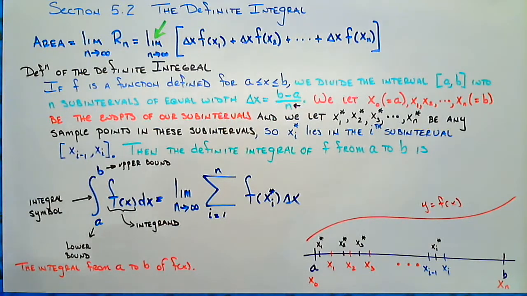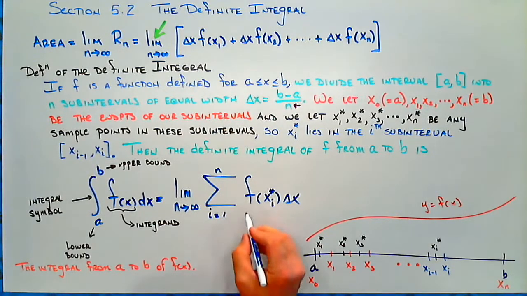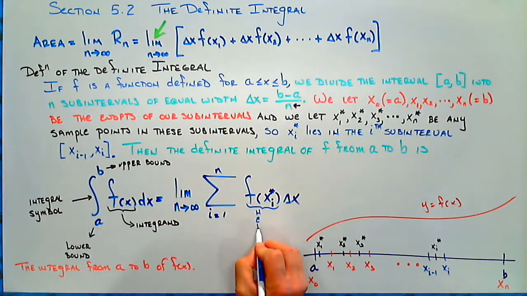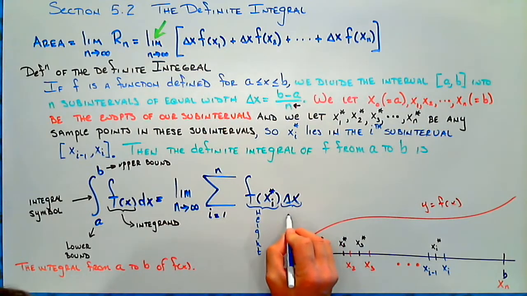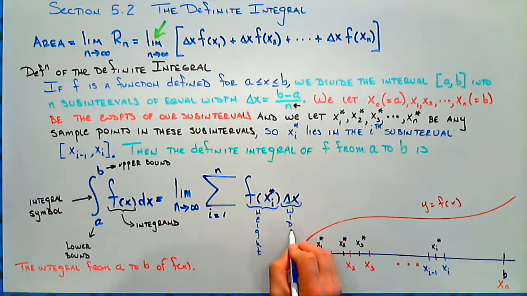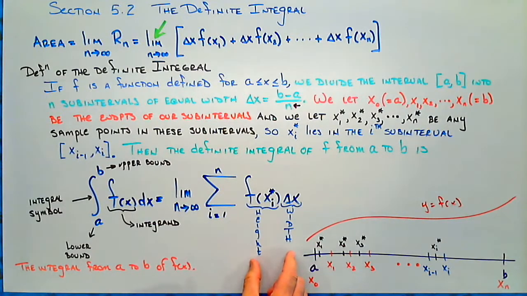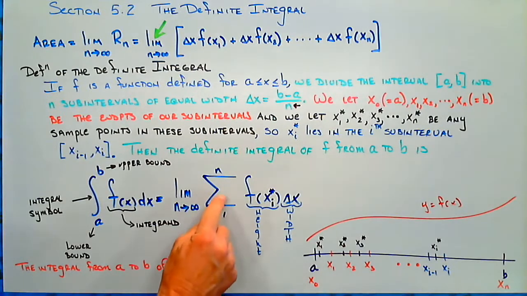Now, again, let's make sure we haven't lost the forest for the trees here. But let's remember, this is our height, and this is our width. And all we're saying here is we're going to take the area of the rectangle, height times width, and we're going to add up all of them.